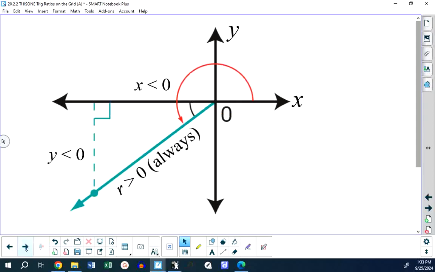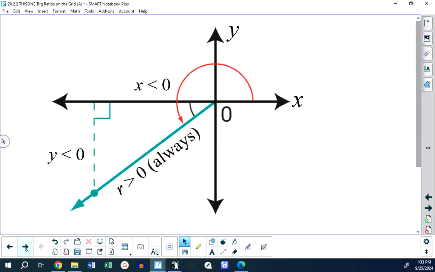If I extend this into quadrant 3, x and y are both negative. I want that to sink in. That any terminal arm in quadrant 3 will have a negative x coordinate for the point and a negative y coordinate, which means tangent is positive because it's y over x. And if they're both negative, you've got a negative divided by a negative.